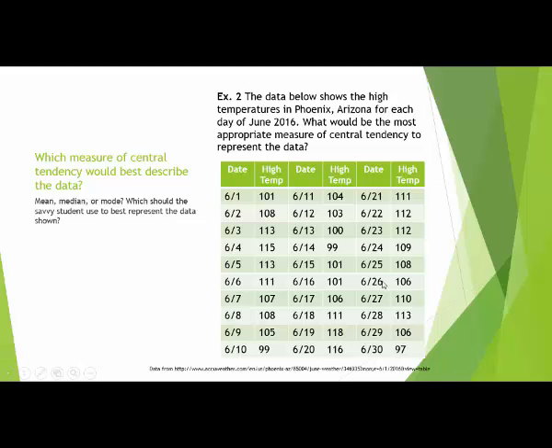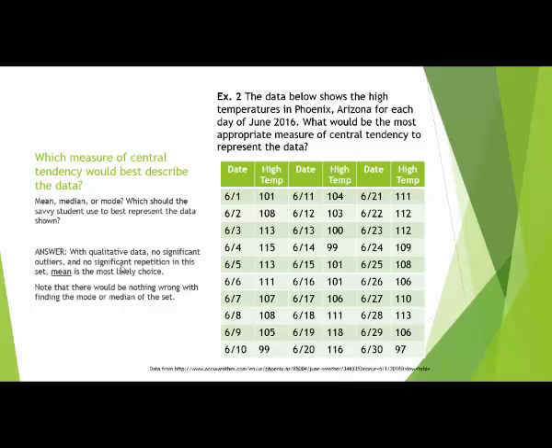All these numbers are varied and they seem to be in a reasonable range. This is a normal data set. This is a time when mean is appropriate. So we would just go ahead and find the mean or average of all the temperatures. So there you go. With quantitative data that has no significant outliers and no significant repetition, we're just going to go ahead and choose mean. That's the normal.